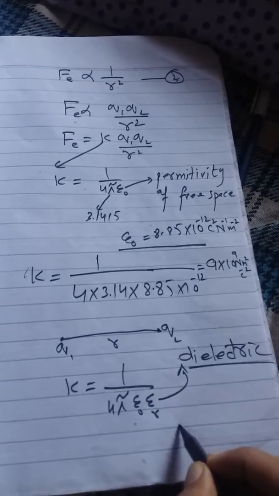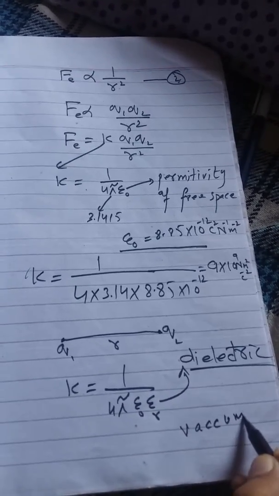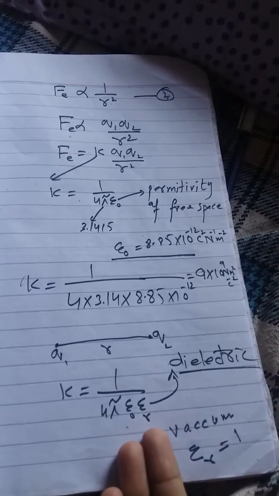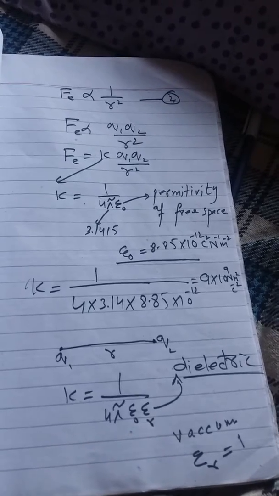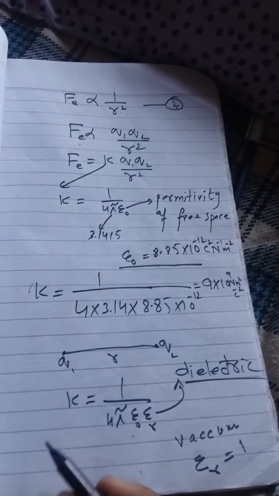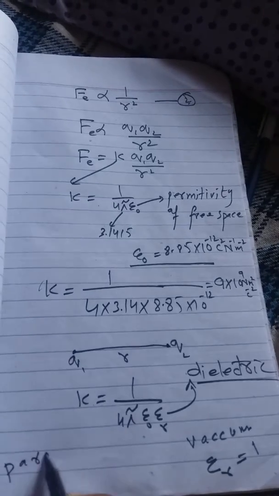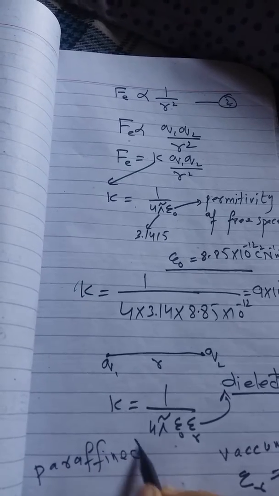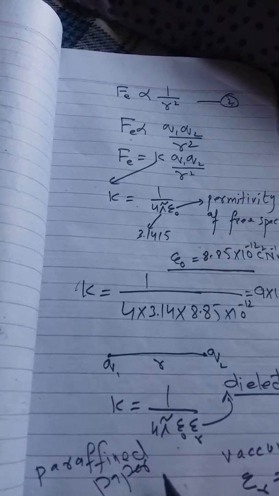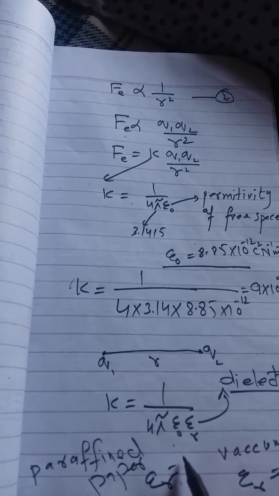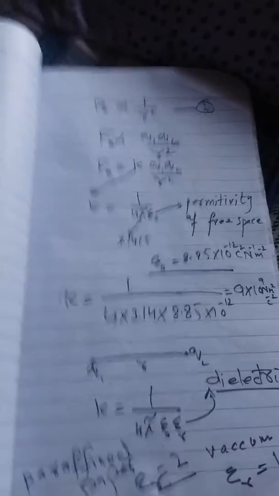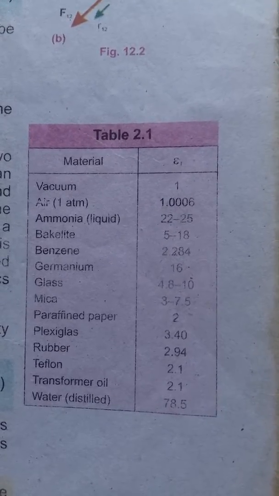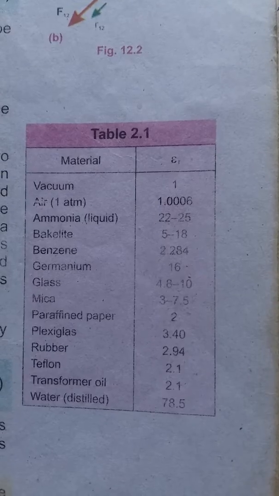If the medium between two charges is vacuum, then the value of epsilon r will be 1. If the medium between two charges is paraffin paper, then the value of epsilon r will be 2. Now you can see this table for different values of epsilon r.